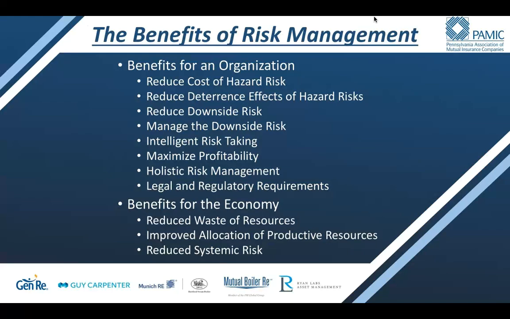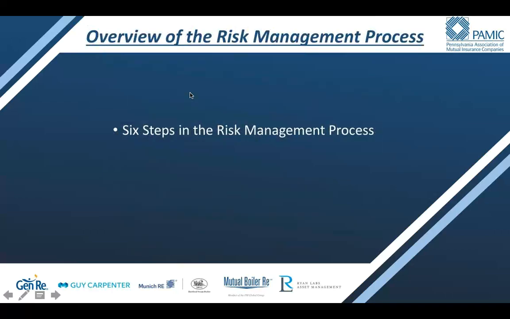So there are steps to be taken. The 6 steps in the risk management process. The first 3 are kind of focused. They are to identify the risk, analyze what will occur, and examine it.